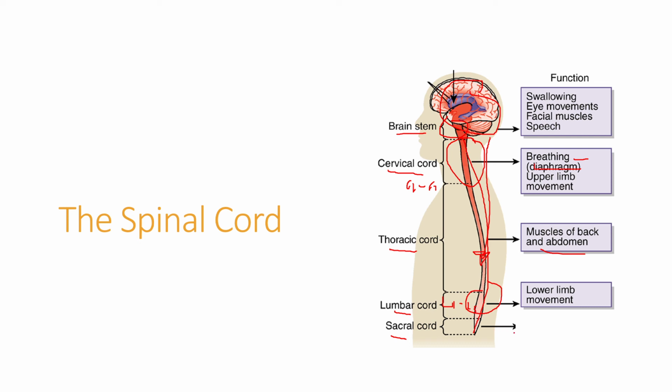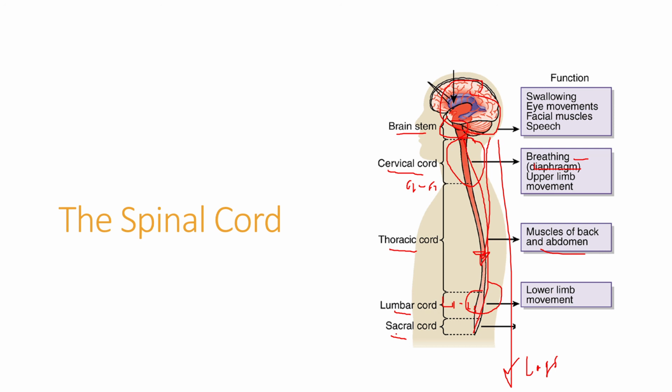So these lumbar vertebrae, or lumbar bones, I must say, contain spinal cord tissue and nerves which control communication between the brain and the legs. This is the main function of the lumbar cord, the lower limb movement.